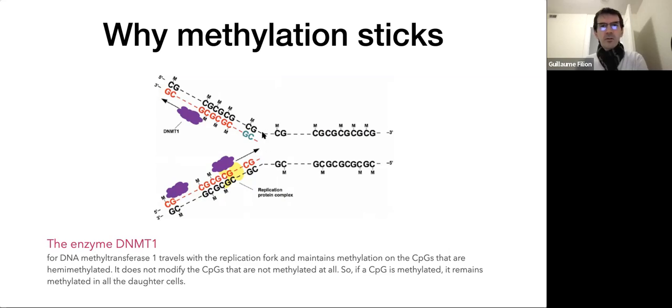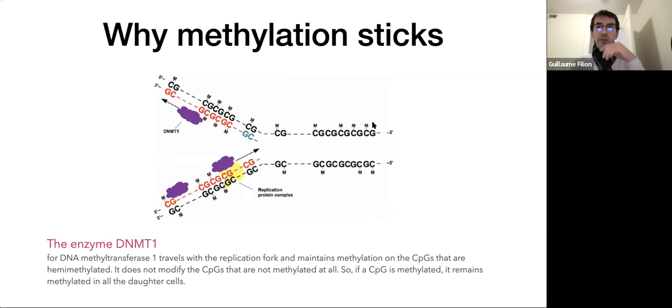So you have the replication fork here that opens. You've got the leading strand, and the Okazaki fragments here. That's the leading strand, and so it's going to go in this direction here at the bottom. You will have to replicate the CGs that are here on the right.